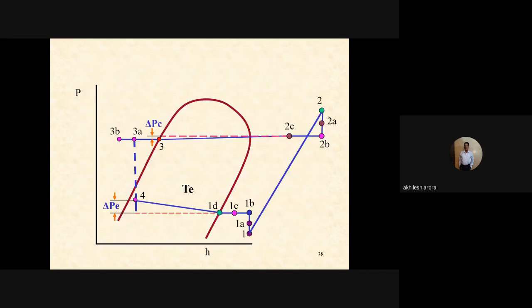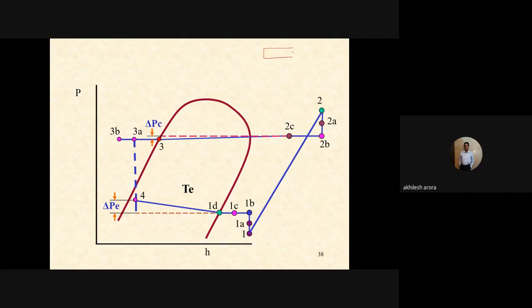This diagram shows the actual vapor compression cycle on a pH diagram. I will focus on this diagram only, and I will also draw a schematic diagram here.